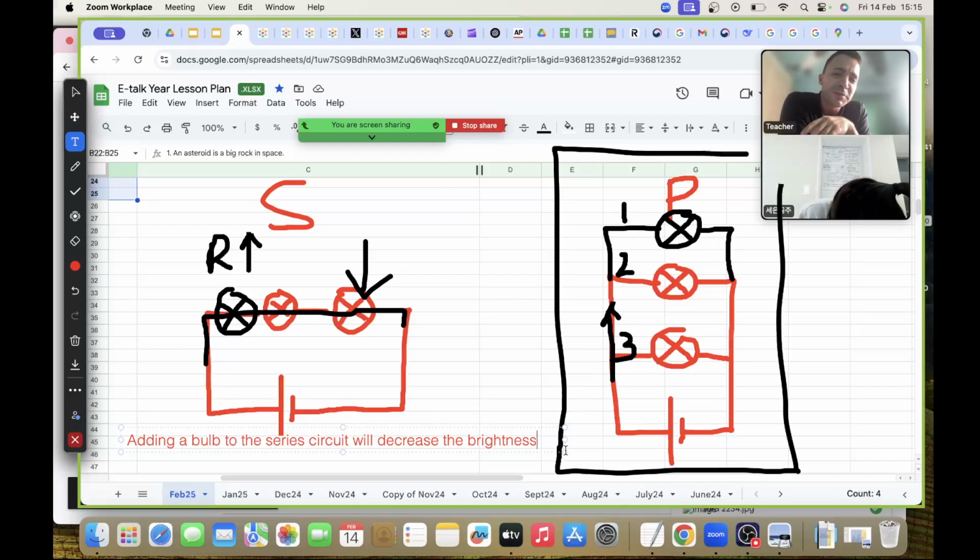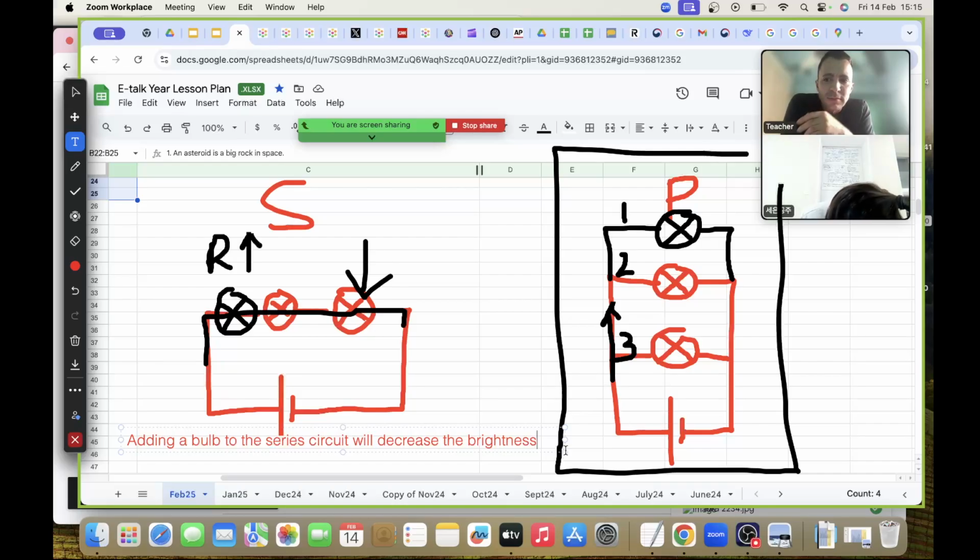I need you to remember that, Lily. Study this one. Adding a bulb to the parallel circuit will remain the same for the brightness.